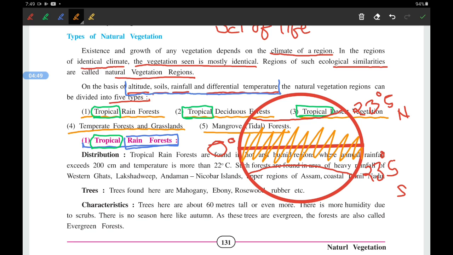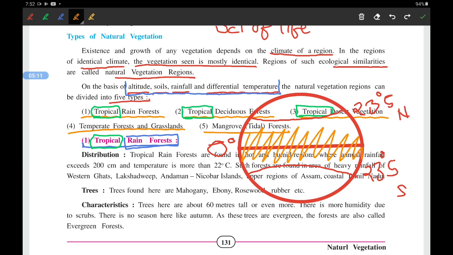Now what is the meaning of tropical? Tropical basically means warm areas where a lot of insolation, that is a lot of sunshine, is available. Those areas will have a different kind of vegetation in comparison to other areas.